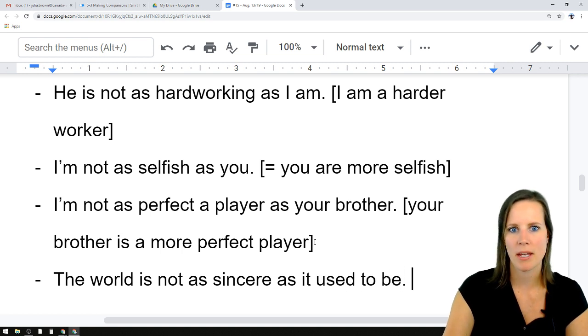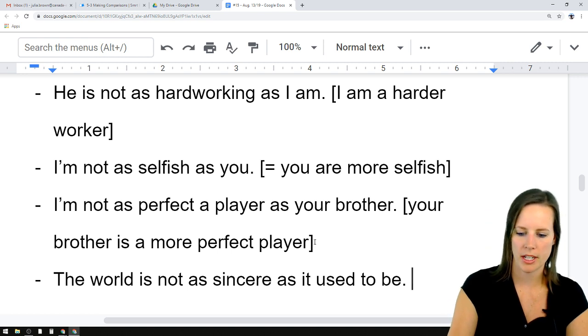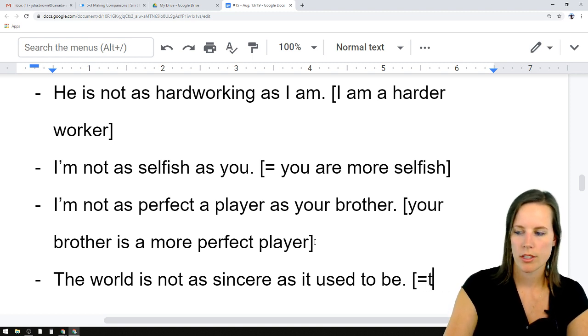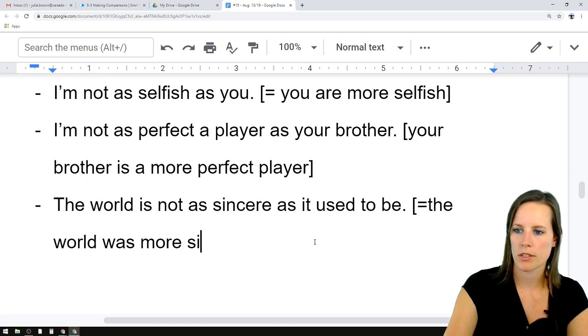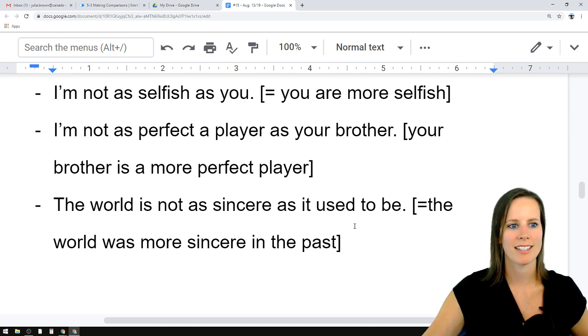I think that's the best way, okay? The world is not as sincere now as it used to be in the older days, you could also say. Okay, so this is good. This means the world was more sincere in the past, okay?